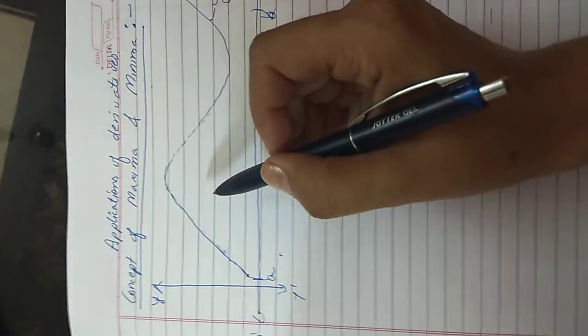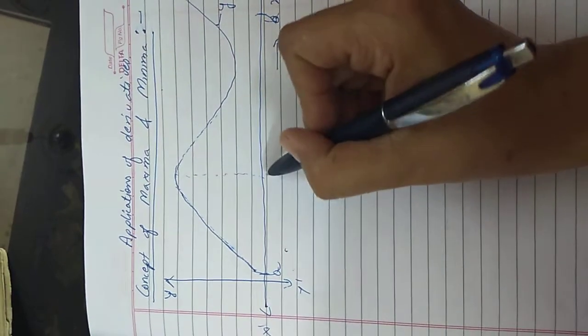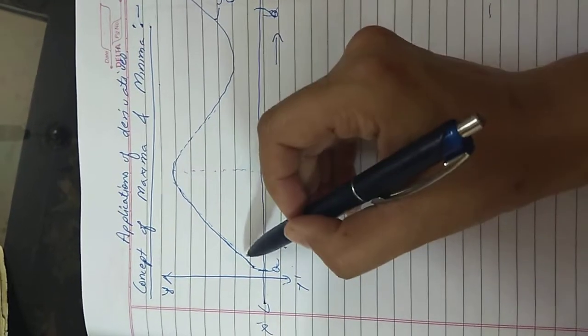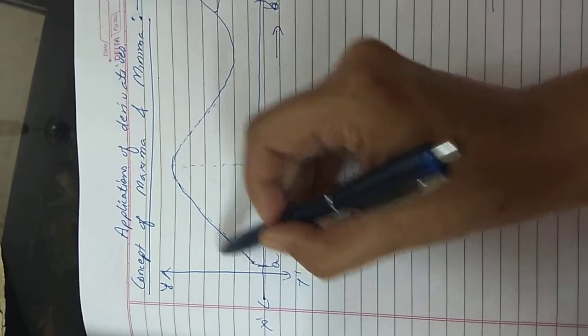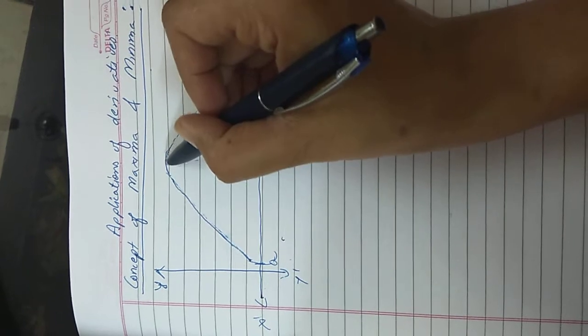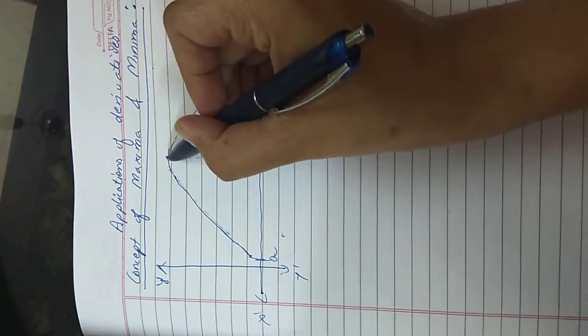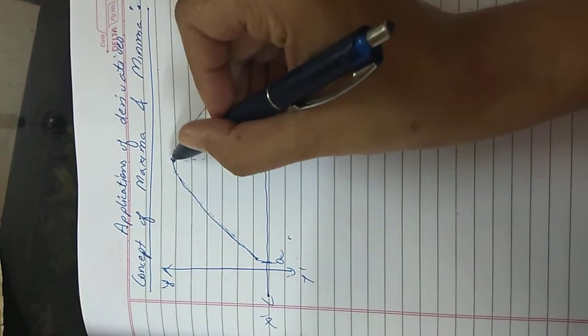Now when I look at the curve here, what is happening? In this particular region, if I mark here, let it be C, from A to C the curve is increasing. As x is increasing, y is also increasing, and after increasing to a certain height, it has attained this height, that means at point C it is getting its maximum, the peak.